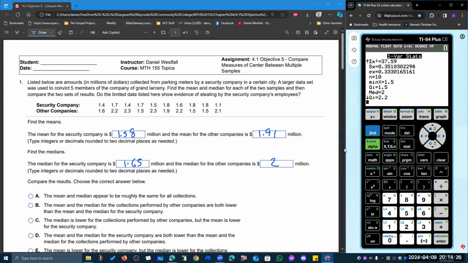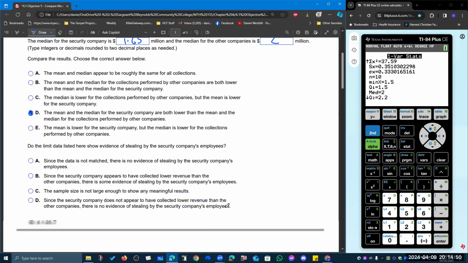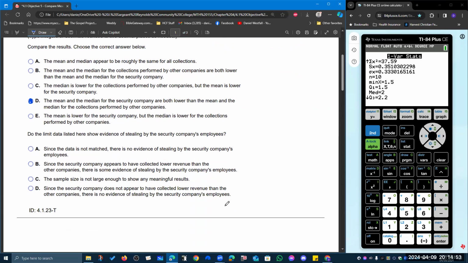Yep. So now the question is, compare the results and choose an answer below. The mean and median for the security company are both lower than the mean and median for the collections performed by other companies. So that's D. And do the limited data listed here show evidence of stealing by the security company's employees?